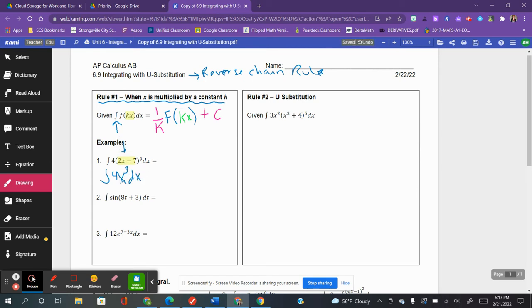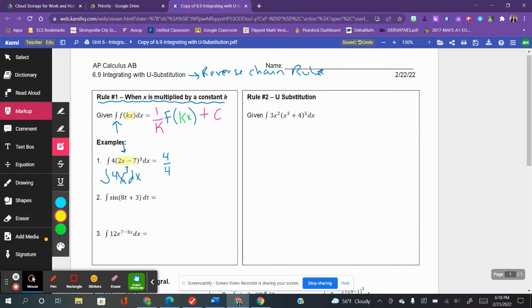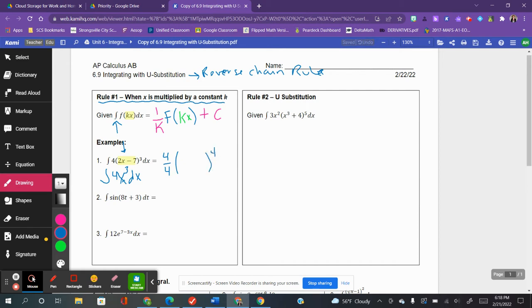All right, so the antiderivative of 4x cubed, well, I'm going to add 1 to the exponent. I've got 4 divided by 4. It's going to become 1. It's just that instead of saying x to the 4th, we have to say, well, whatever was inside stays inside. So I really have 4 over 4 inside 2x minus 7 to the 4th plus c.